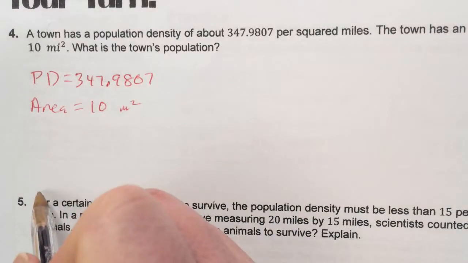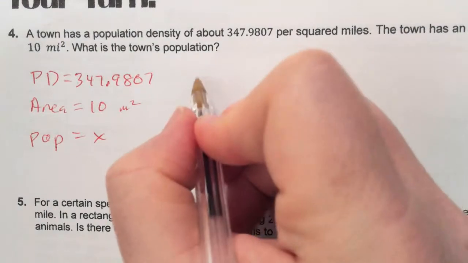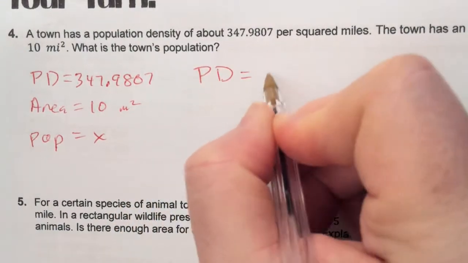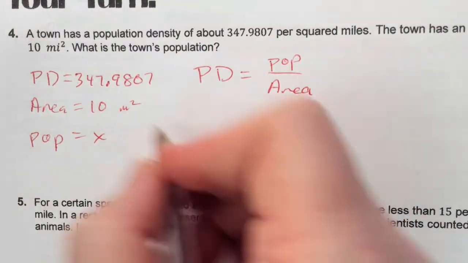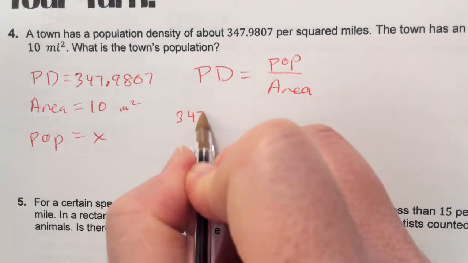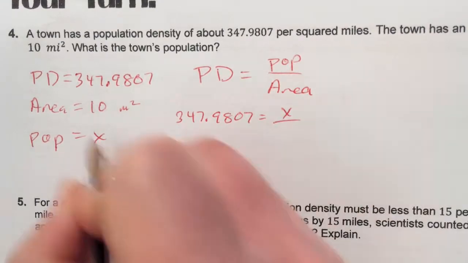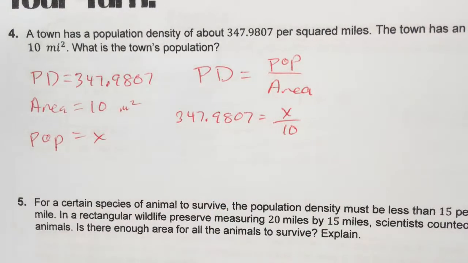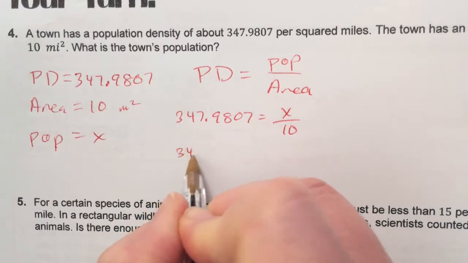What is the population? Okay, so population is what we're looking for. All right, so let's write down the equation. So PD is equal to pop over area. Plug in what you know. So the PD is 347.9807, equals population is what we're looking for, over area is 10. Throw a 1 underneath this.